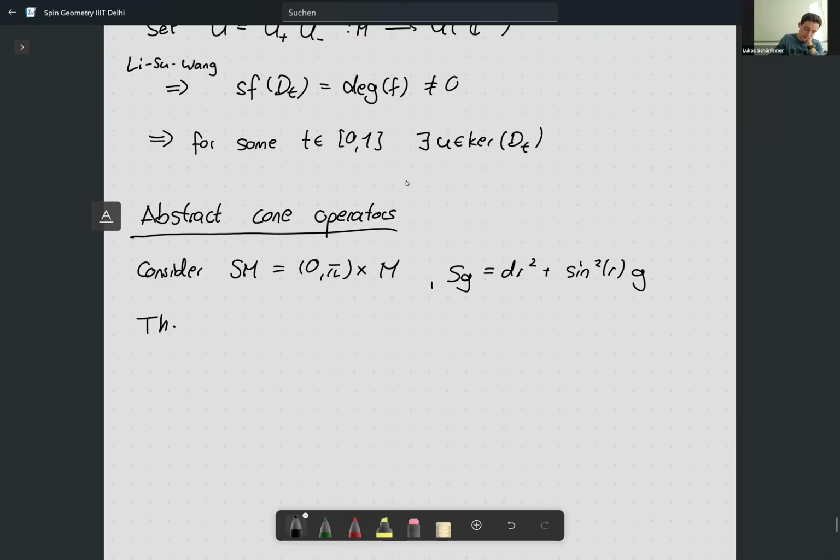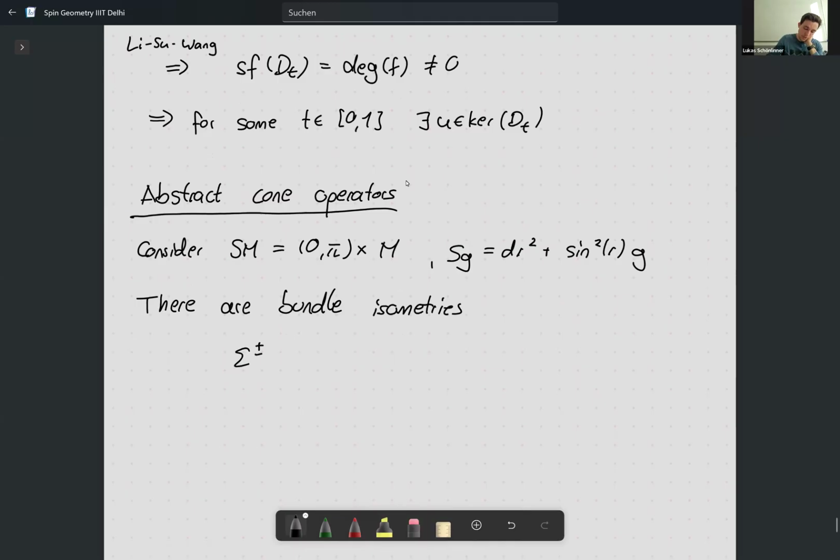And we can also find bundle isometries going from the plus and minus eigenbundles of the volume element restricted to some fiber over this interval.